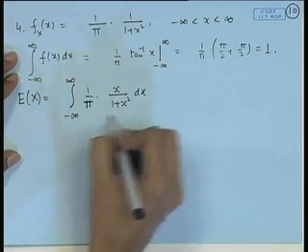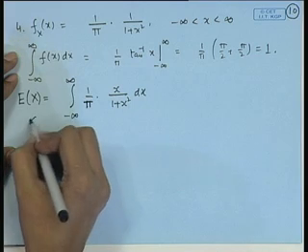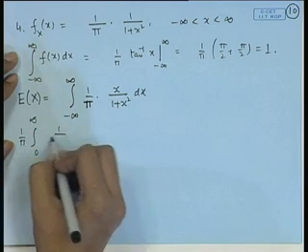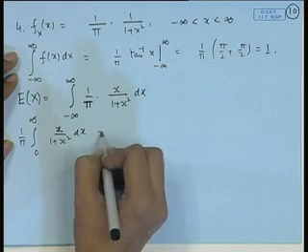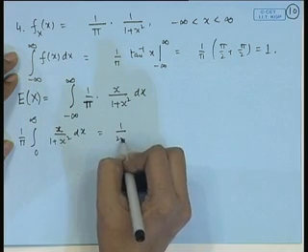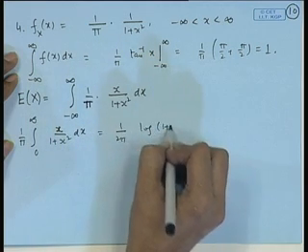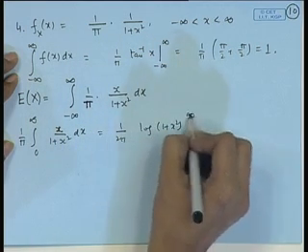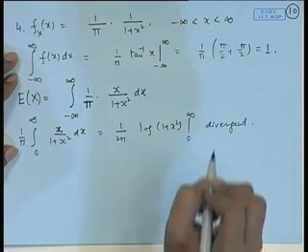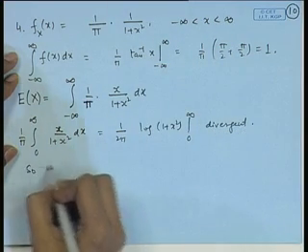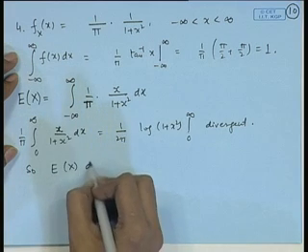Here, if we look at the integral from 0 to infinity of x by (1 plus x square), then it is equal to half log of (1 plus x square), which is actually divergent. Therefore, the expectation of x does not exist.